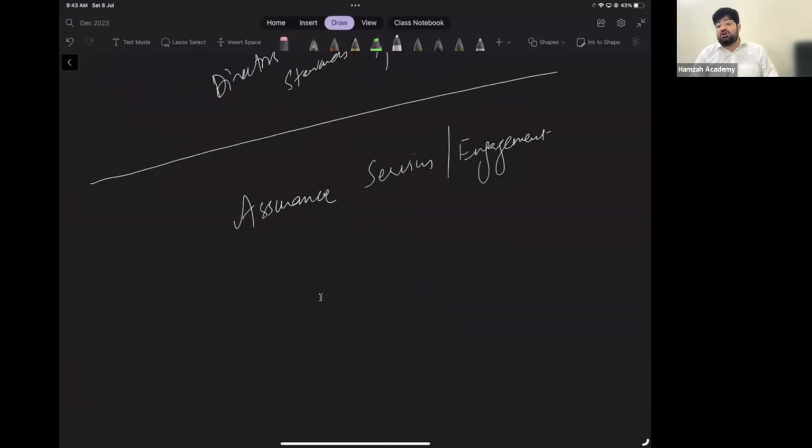So what is assurance? Let us understand the meaning of this word, dictionary meaning. What is dictionary meaning? That I provide assurance to you that this person, you can rely, this person is credible. So assurance, that I am trying to boost your confidence about anything.